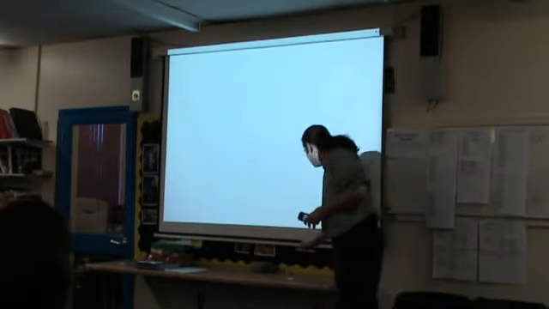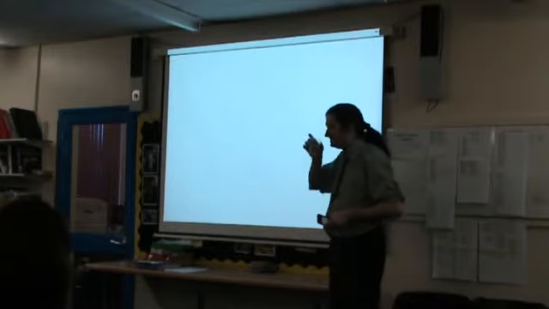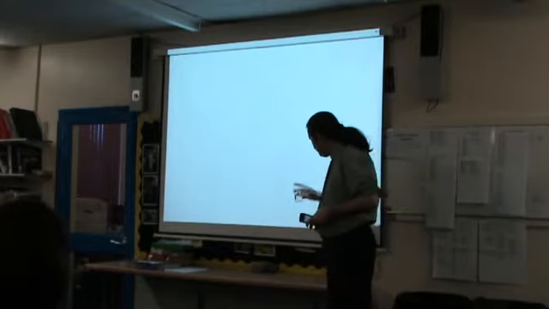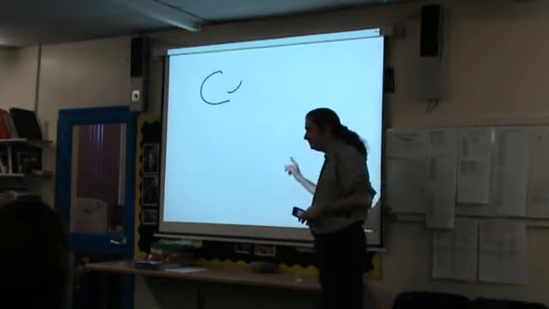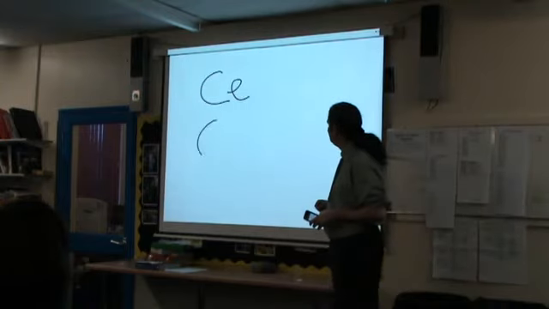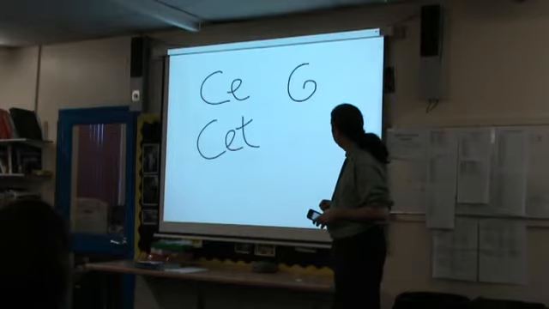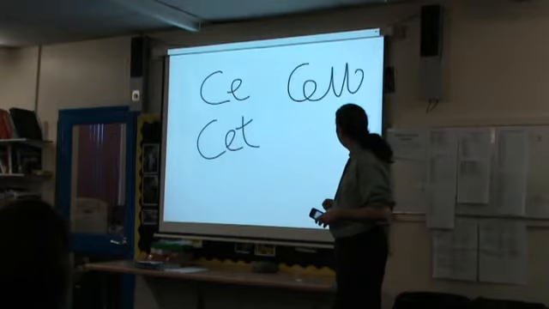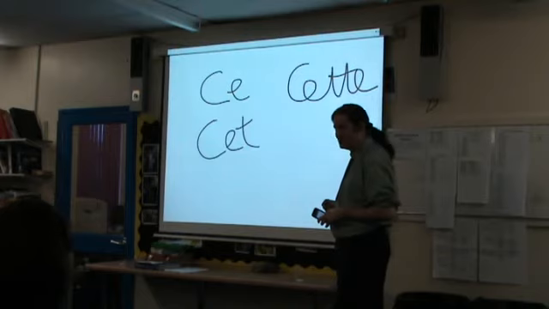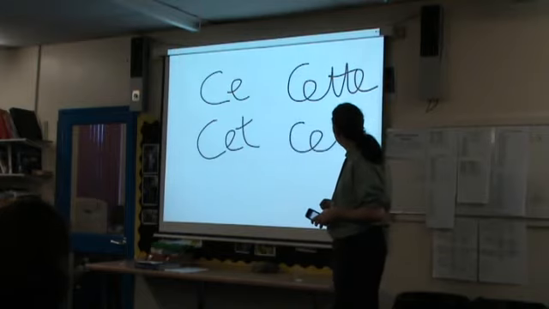Okay, here's the deal. You've got 4 words to say this. You've got pen, so, you've got set, you've got set. Sounds a bit tight, doesn't it? And you've got say.